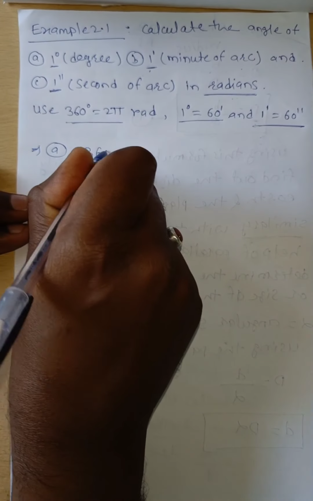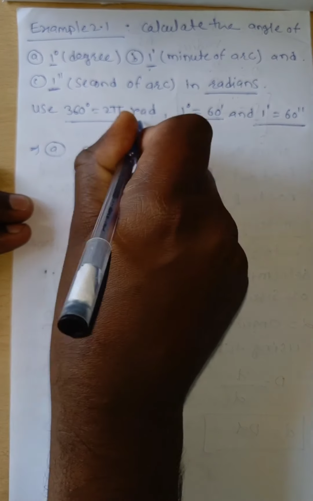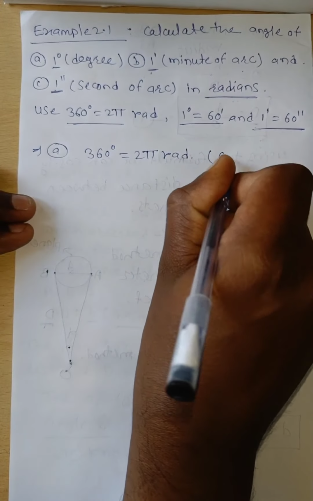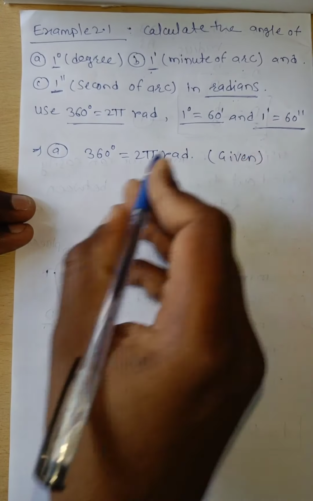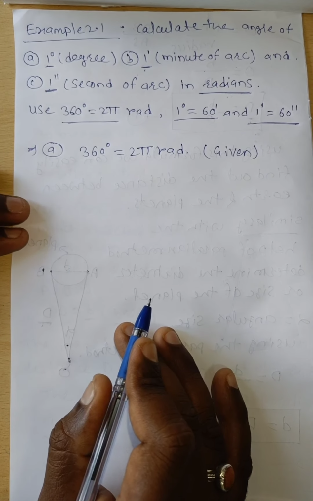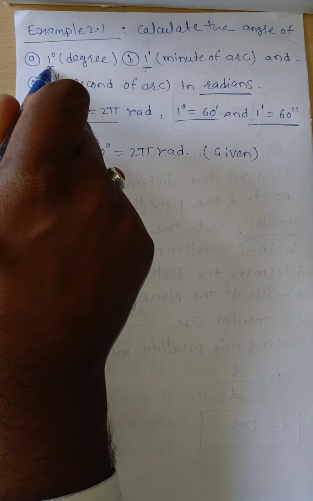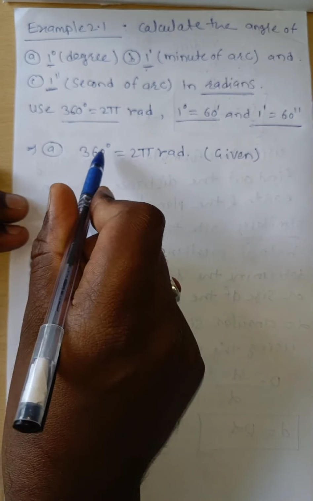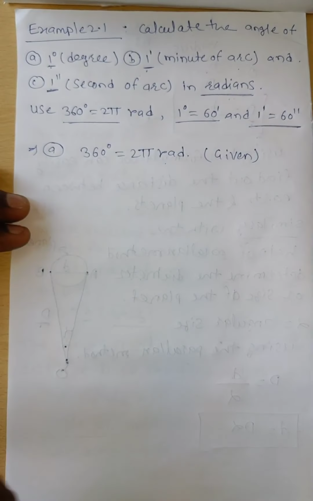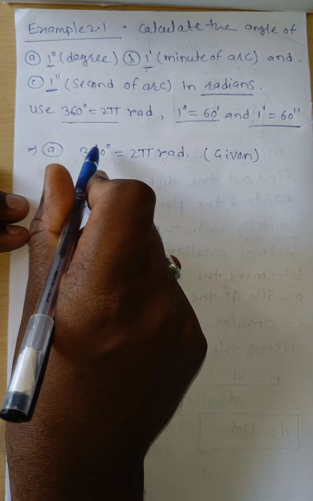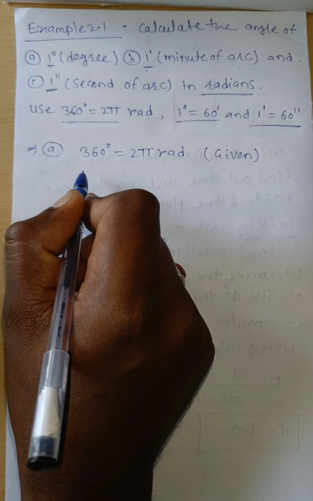Now 360 degrees is equal to 2 pi radians. This is the given. We want 1 degree, so we divide the left-hand side by 360.